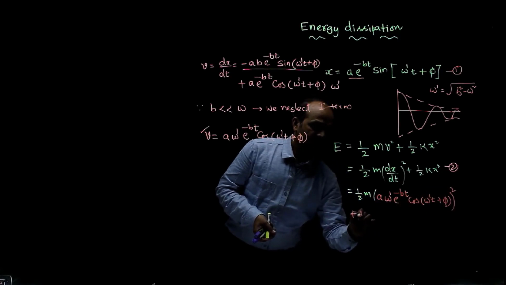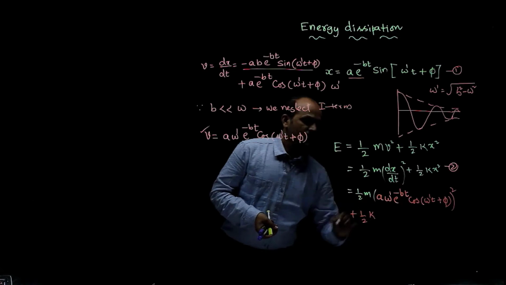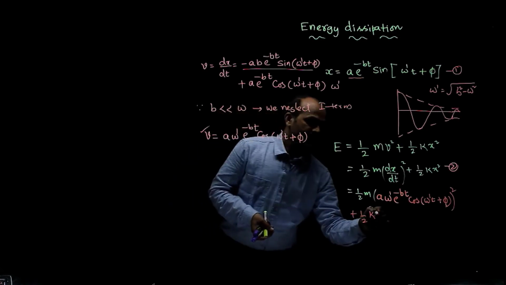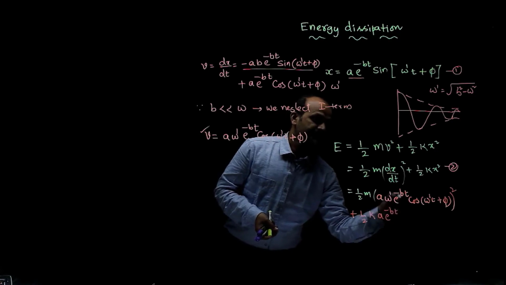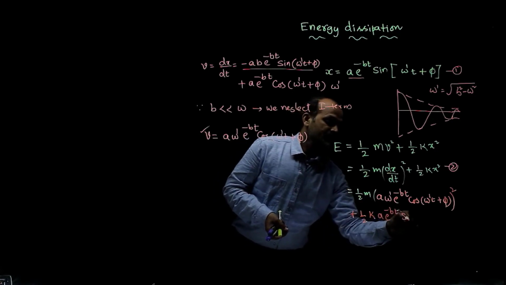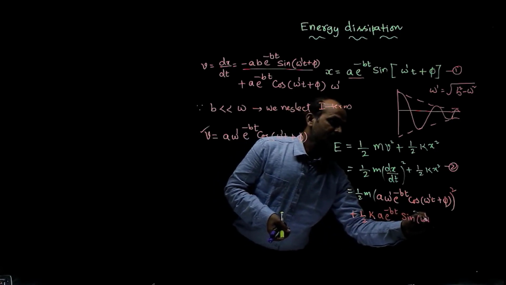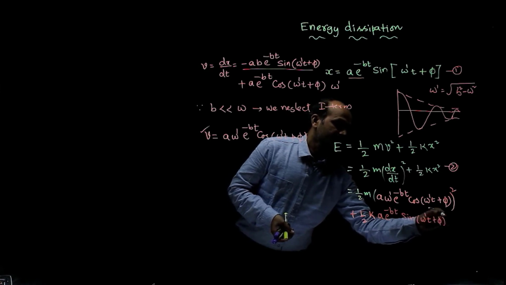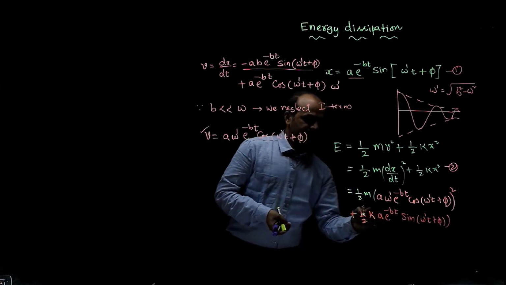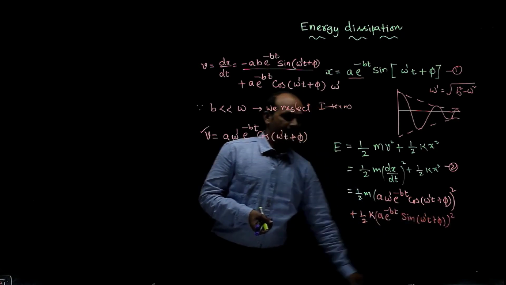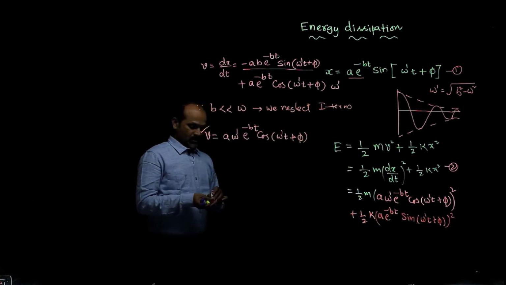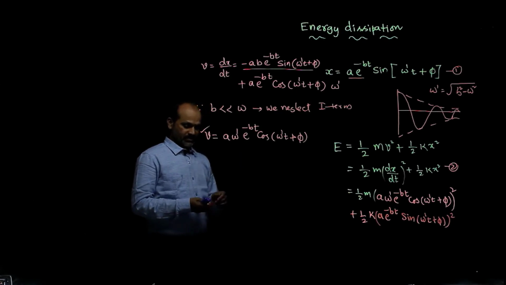Plus half k x square, where x is a into e power minus bt sine of omega dash t plus phi, whole square. Right? So let us continue.